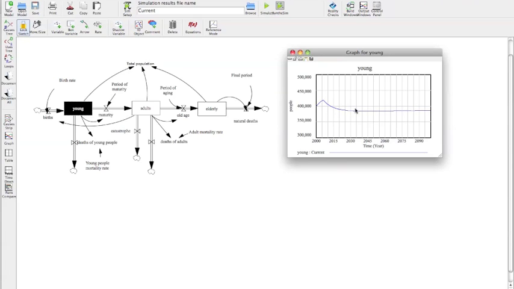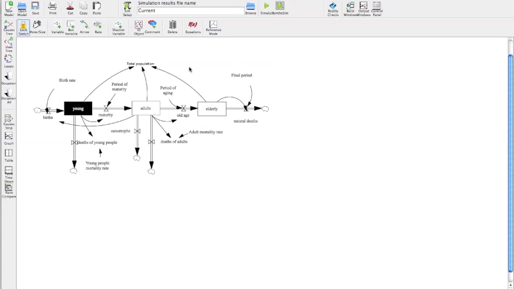After that effect disappears, it plateaus at a level below the 400,000 where it started. So the lasting effect of this catastrophe is that the young population never quite recovers, and the effect keeps going on.